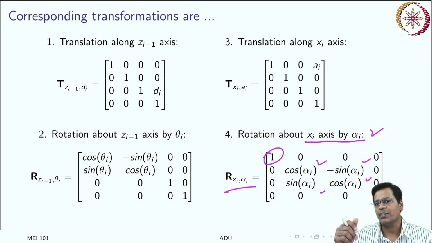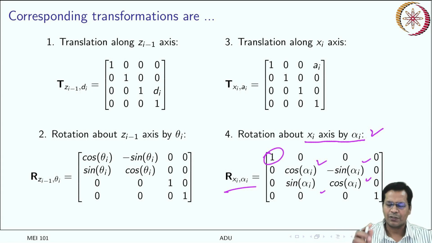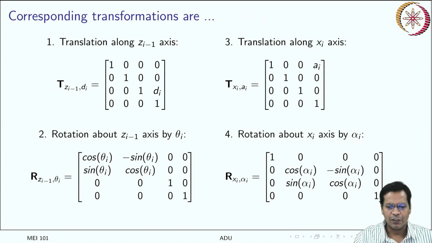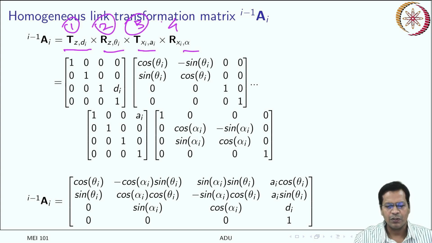Only the first one was a principal axis transformation. You started from your principal axis, over here it is i minus 1. The next transformation was a relative transformation. That is why all four transformation matrices will be post multiplied. So this is your first one, this is your second, this is your third, this is your fourth.